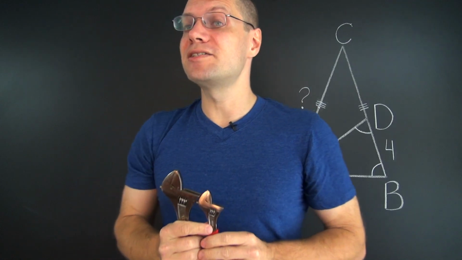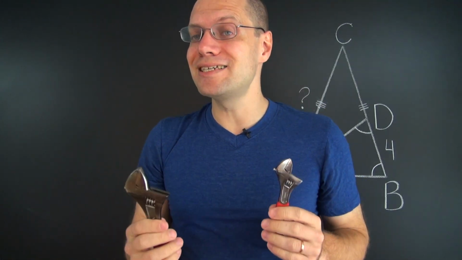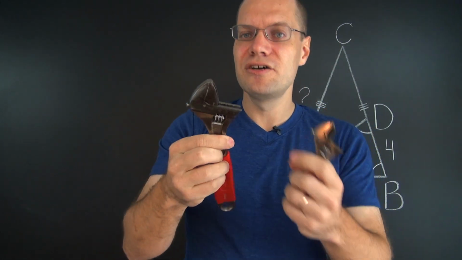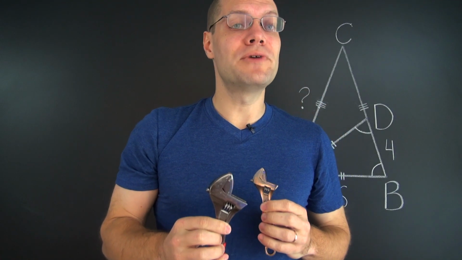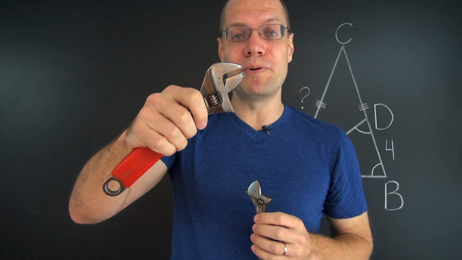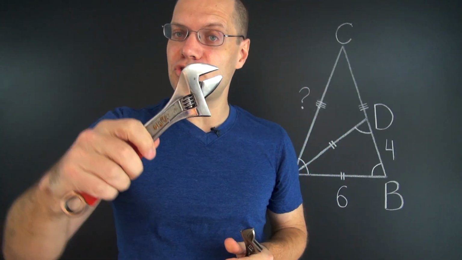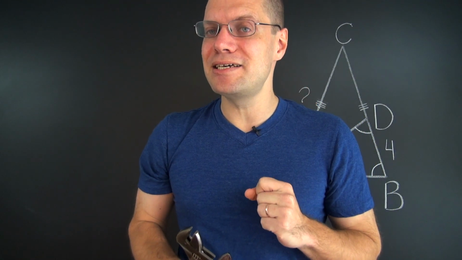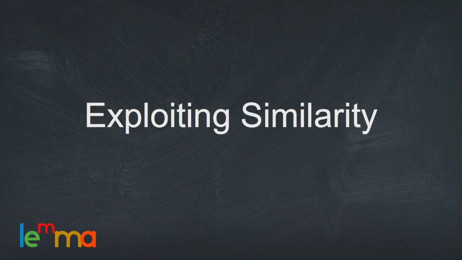Also, and this is important, the proportions within each wrench are identical. For example, the ratio of the thickness to the width is the same for both wrenches. And the ratio of how far the wrench opens to its length, which is very important if you think about torques, is also identical for both wrenches. And we can apply the exact same ideas to our triangles. So let's do that.